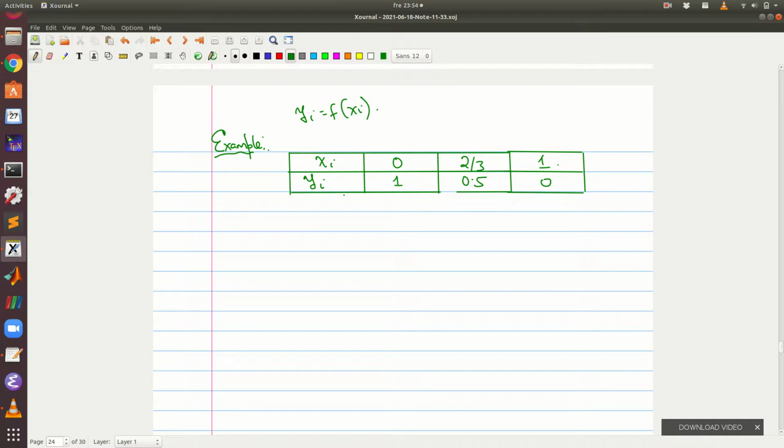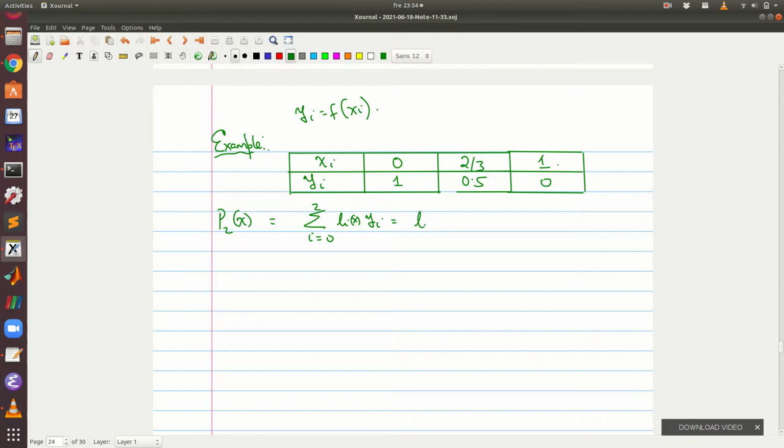So we would like to find a polynomial of degree 2. That means we are going to set our n to be equal to 2. So we want p2 of x, which means we sum from i equals 0 up to 2 of li of x times yi.